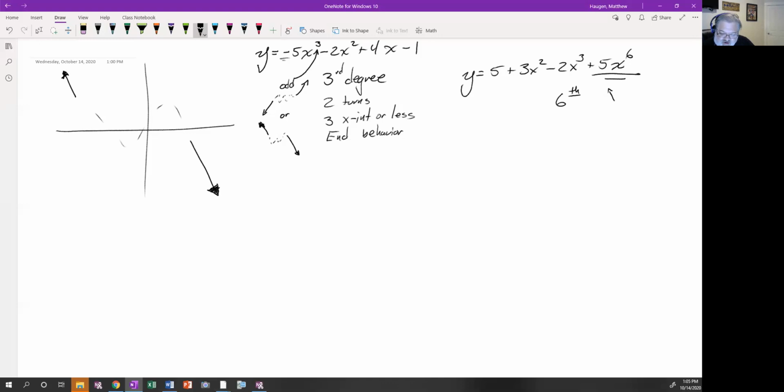That means our end behavior is either going to be up and up, or it's going to be down and down, kind of like a parabola with some extra wiggles. And again, what's going to tell us whether it's upward or downward is the sign of that lead coefficient, the coefficient of the lead term. So because it's even and positive, whatever the x-intercepts are, wherever our turns are, we know it's going to do whatever it's going to do, but its end behavior is going to be upward and upward.